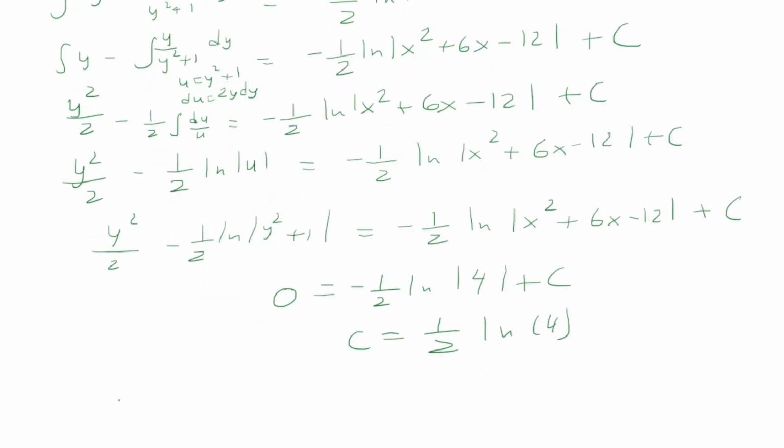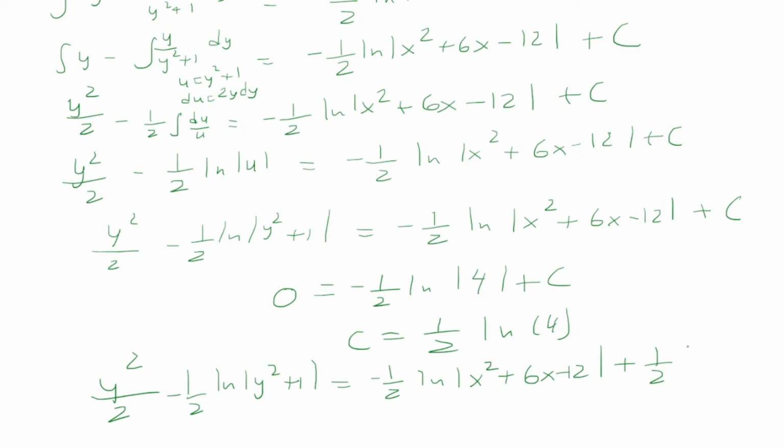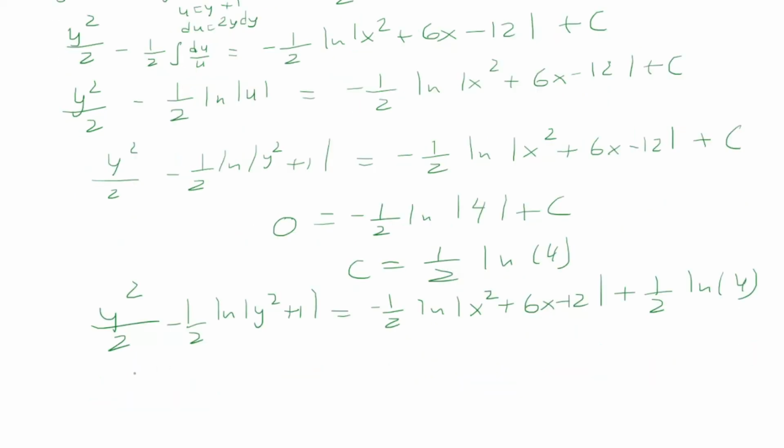So in total, plug that in: y squared over 2 minus 1/2 ln (y squared plus 1) is equal to negative 1/2 ln (x squared plus 6x minus 12) plus 1/2 ln of 4. Simplify this. Multiply both sides by 2. We have negative ln (x squared plus 6x minus 12) plus ln of 4.